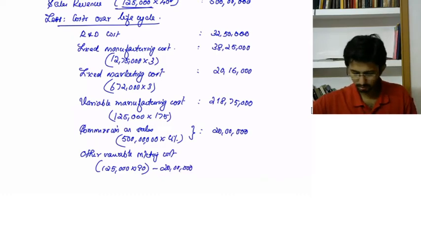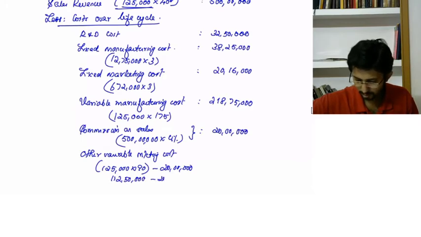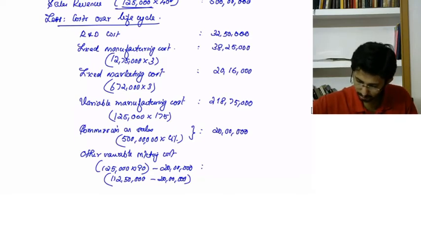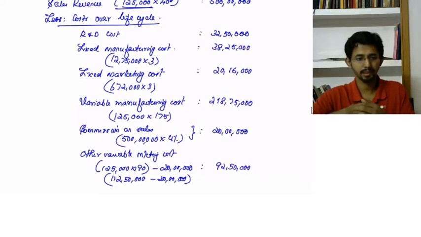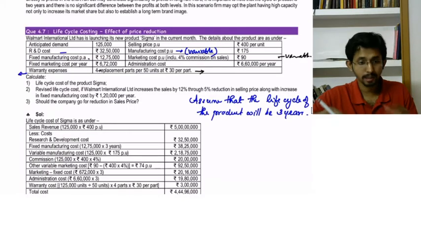That is 1 crore 12 lakh 50,000 minus 20 lakh, so this will be 92 lakh 50,000. Then marketing fixed cost has already been considered.